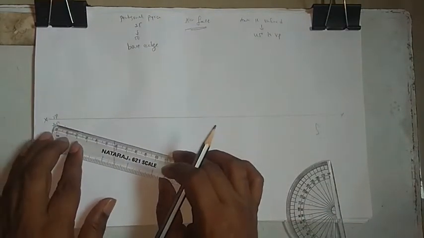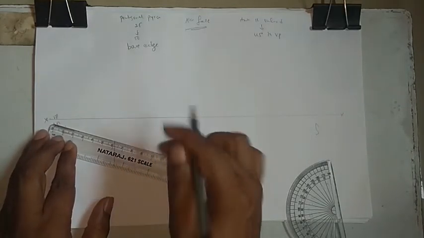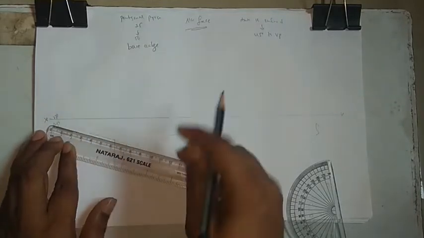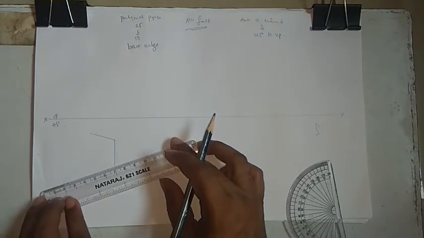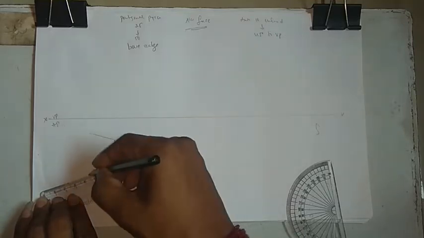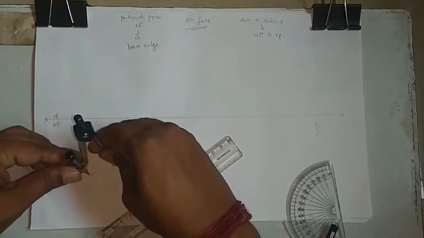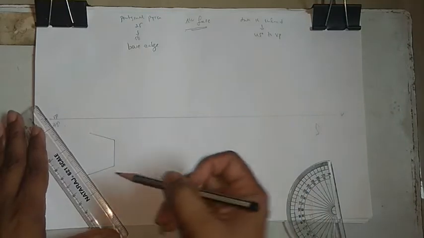okay, next keeping a scale on the same line, so 25, 25, the compass with the same length, cut two arcs from each end and join.